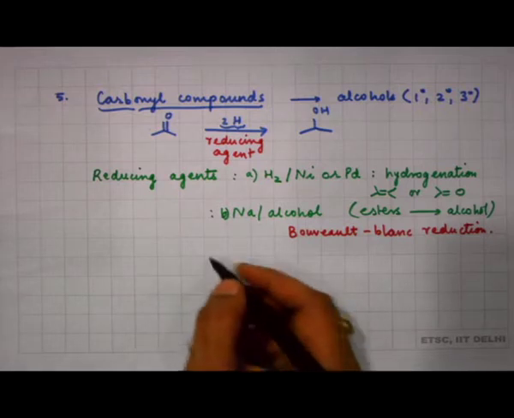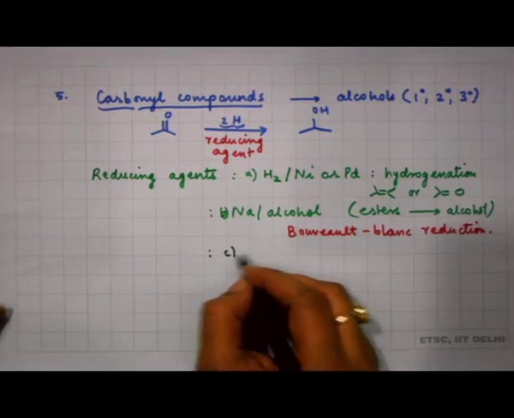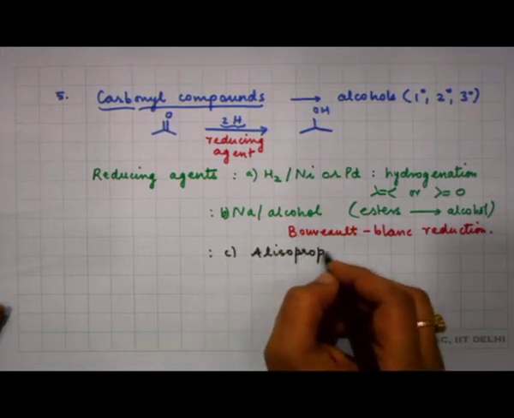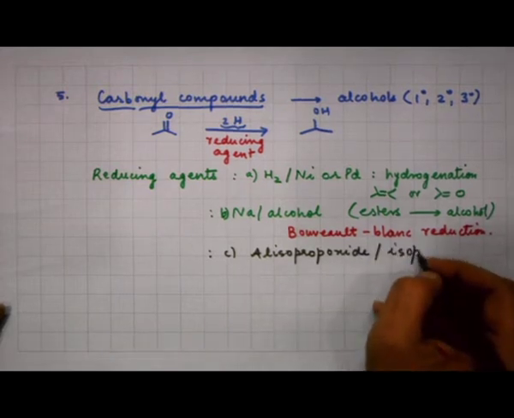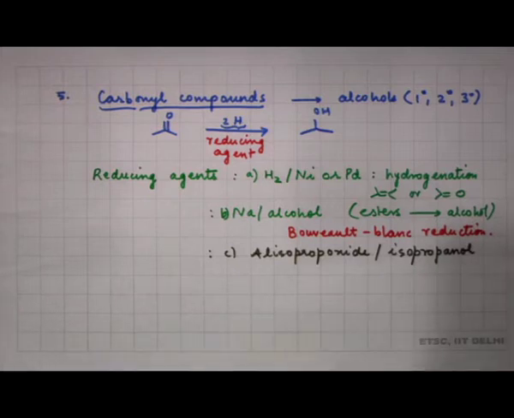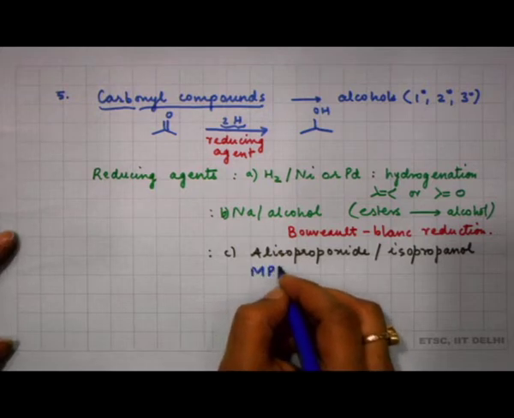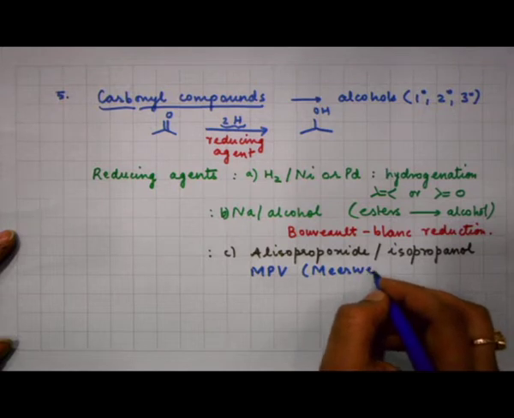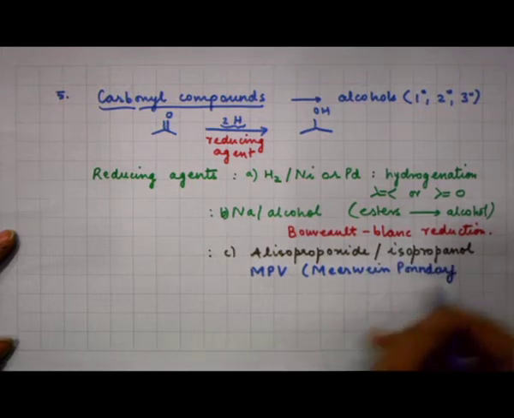We can also have another reagent which we call aluminium isopropoxide. Aluminium isopropoxide in isopropanol is another reagent which is used to carry out reduction of carbonyl compounds, and it also has a specific name, what we call the MPV reduction, based on the names of these people, Meerwein, Ponndorf, Verley reduction.